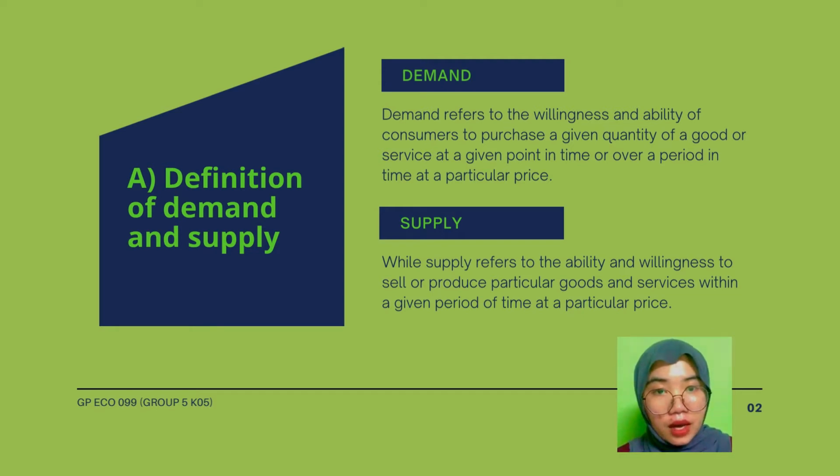Next, what is the definition of supply? The definition of supply refers to the ability and willingness to sell or produce particular goods and services within a given period of time at a particular price.